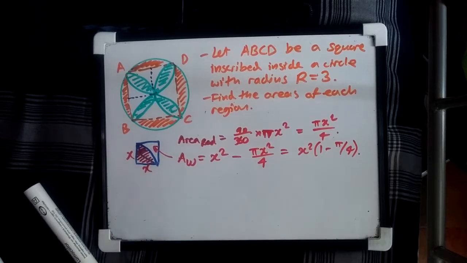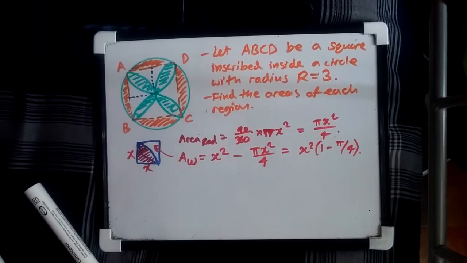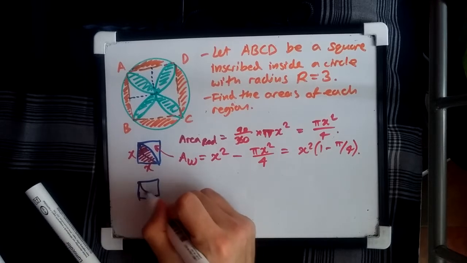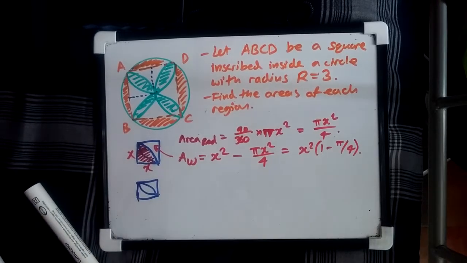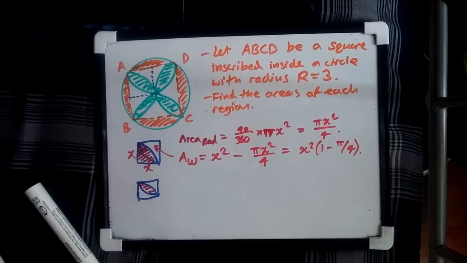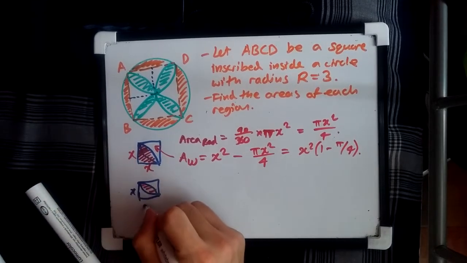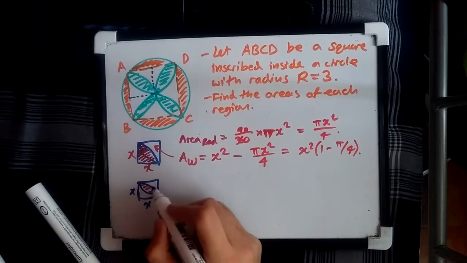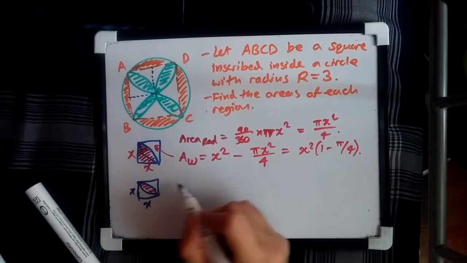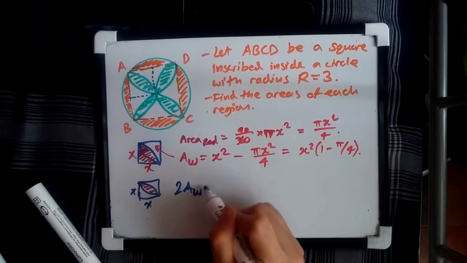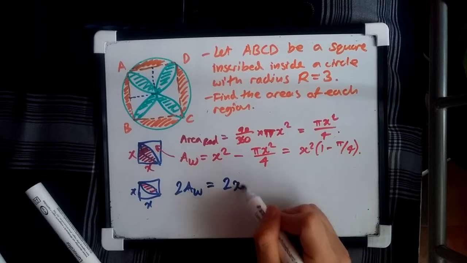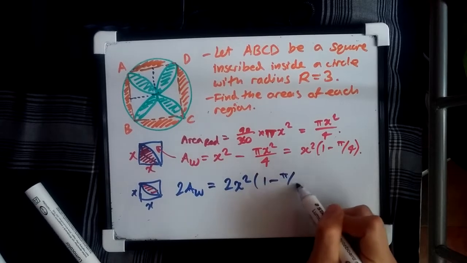Cool. Now if we rewrite the shape as it was over here, which is 2 sectors, a petal, let's call this the green part, and we're still with the same lengths, x, x. This is literally 2 white areas, so we double the white area. This region here we can call 2AW, which is simply double this value, 2 lots of x squared times (1 minus pi over 4).